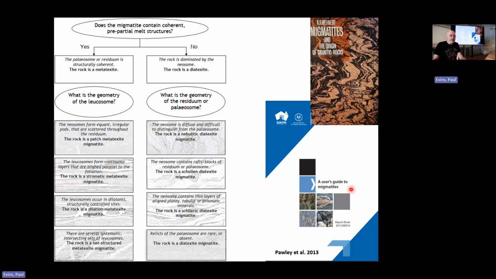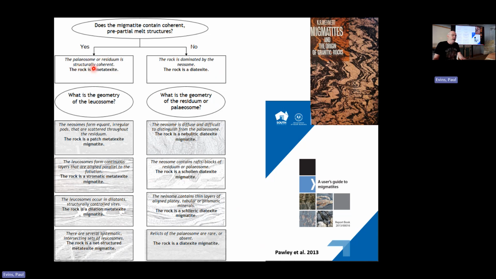Another really good book on migmatites, and this one's free to download, is Pauly's book from Western Australia, or South Australia, actually. And here we see, again, the first order division, metatexite versus diatexite. And this describes it better than I just did.